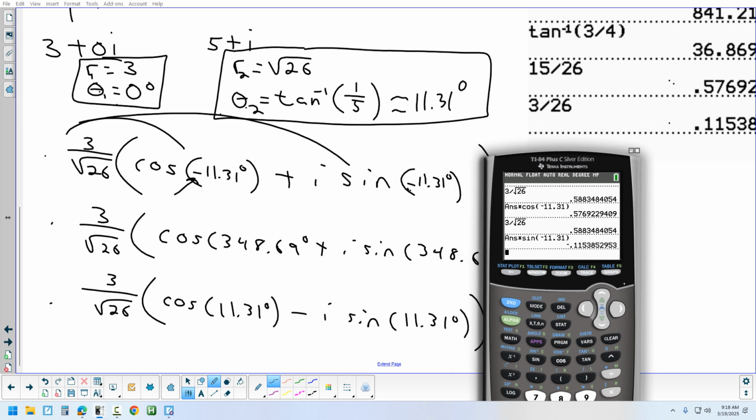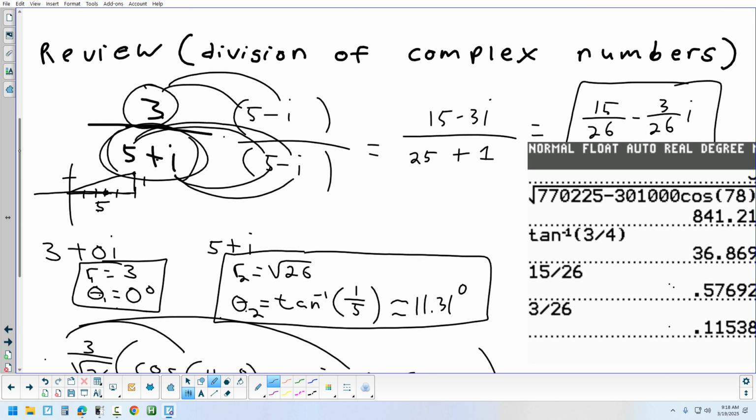Oh, did I just not copy down the negative? It's negative 0.11538. So we're good. I'm just trying to show you that what we did in standard form and what we just did in trig form result in the exact same answer.